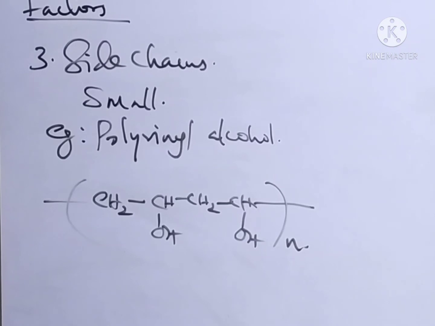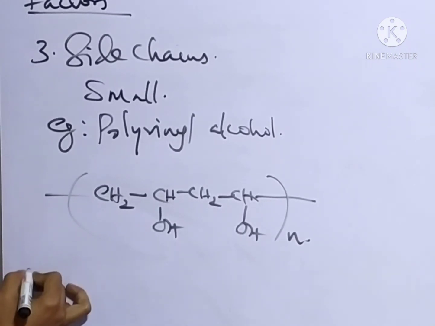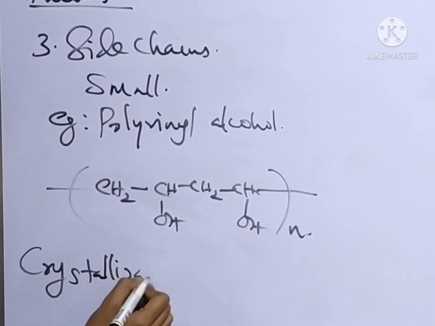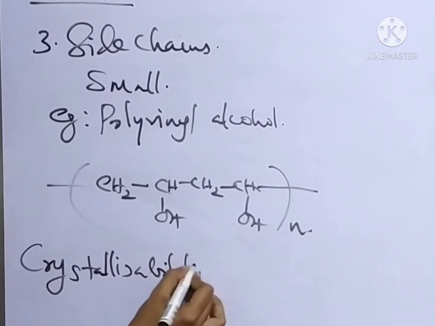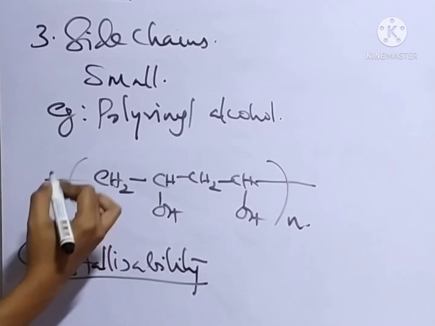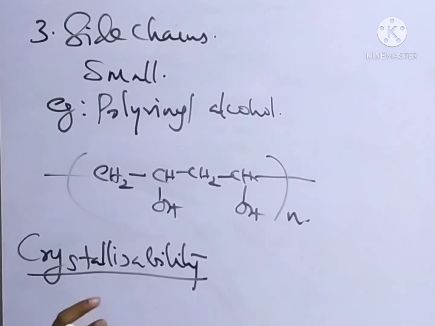Then I am going to wind up this section by explaining one more term, that is crystallizability. This is the maximum crystallinity a polymer can achieve at a particular temperature.